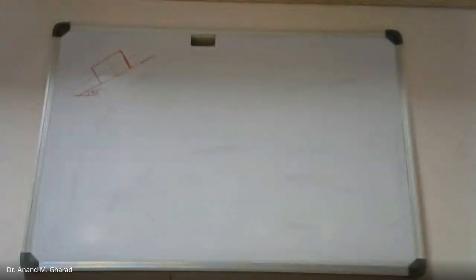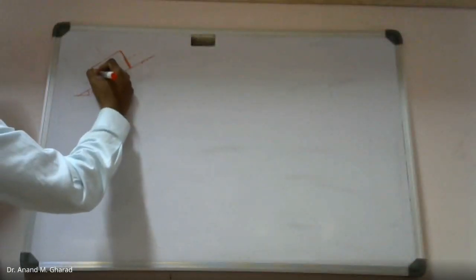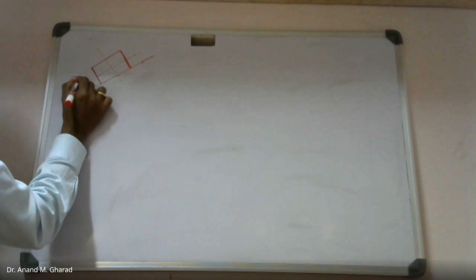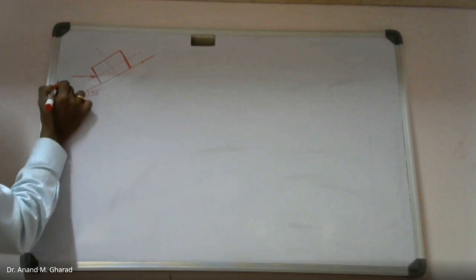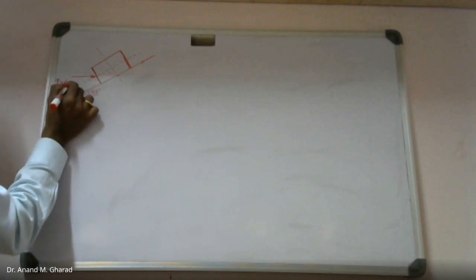This is what you are supposed to identify. This P in case number 3 is given to be 400 Newton. Based on this information, you are supposed to identify in which direction this block will move.